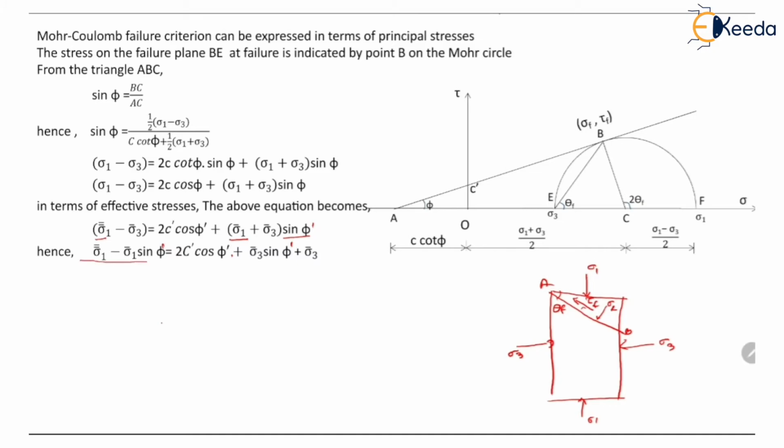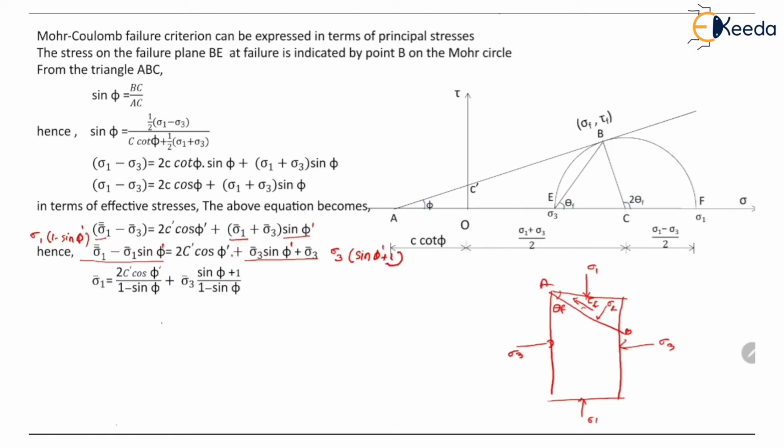So from this side we will take sigma 1 common. So this term will become sigma 1 into 1 minus sin phi dash. And from this side we will take sigma 3 common. Then we will get sigma 3 into sin phi dash plus 1.